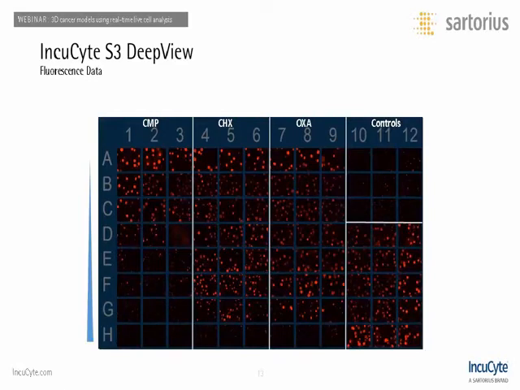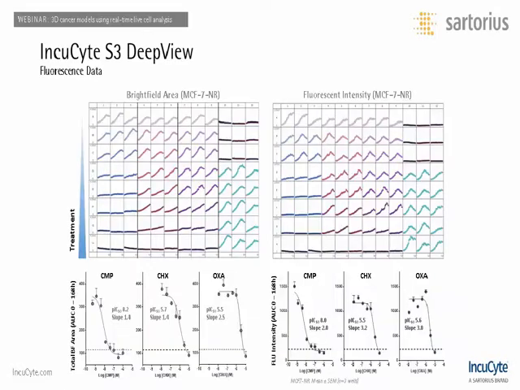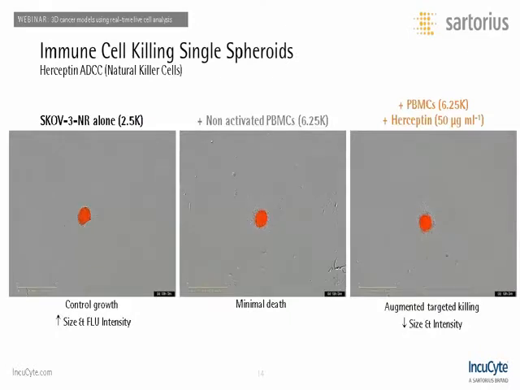And you can see we can rapidly determine the impact on the potency of 3 cytotoxic agents on multispheroid growth and viability. And finally, the plate view shows the quantification of both those bright field images and fluorescence intensity signal across the treatment groups. So here, from a single well, we're able to discern both the label-free metrics from the bright field images as well as the fluorescent viability metrics from the fluorescent signal.